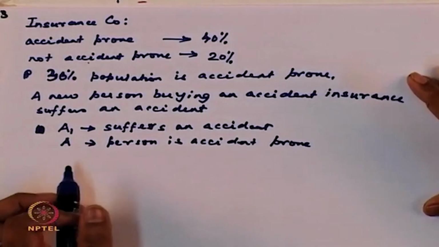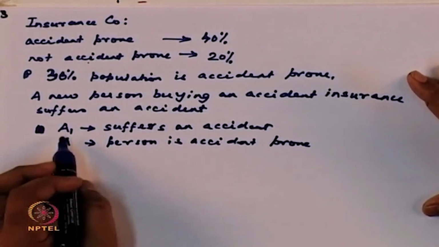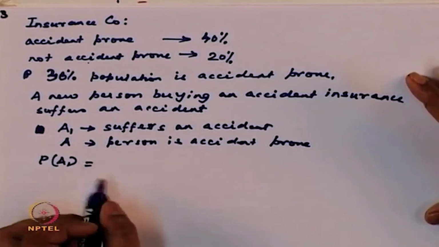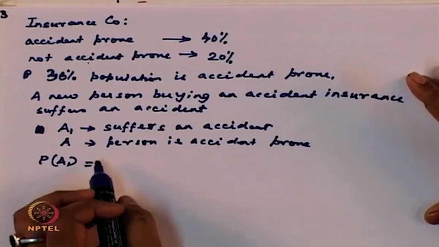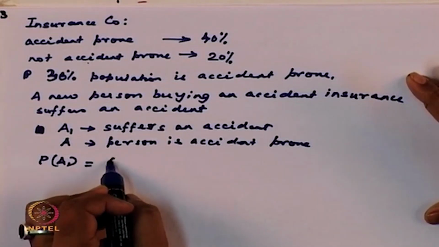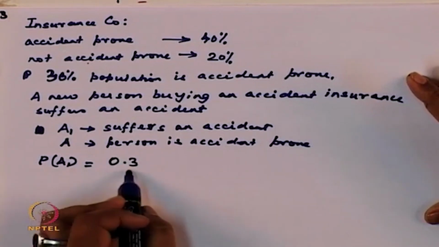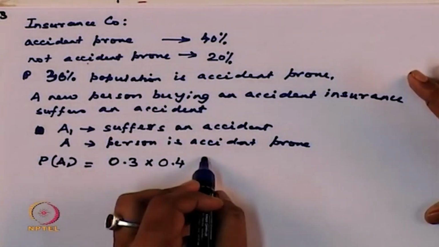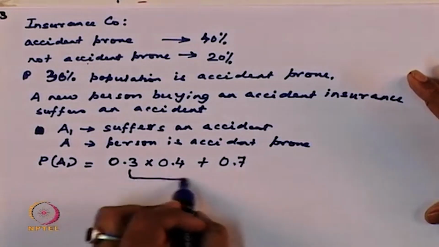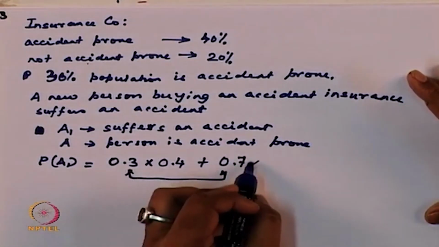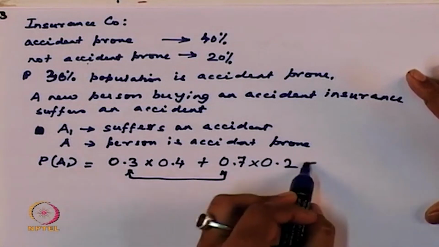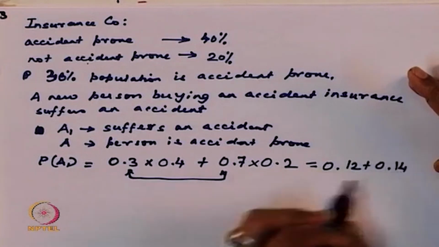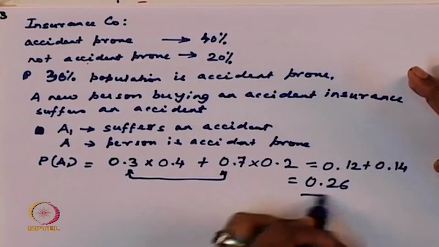I want to calculate the probability of A1. 30% of my population is accident prone, and with 0.4 probability they will have an accident, and for the remaining 70%, which is the complementary event, the chance of having an accident is 0.2. So, this gives me an answer of 0.12 plus 0.14 equal to 0.26.